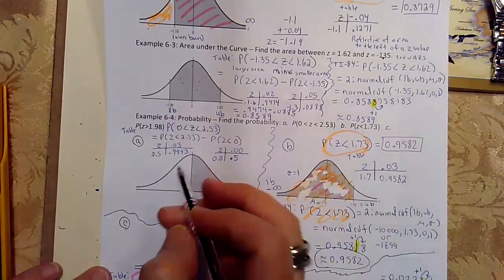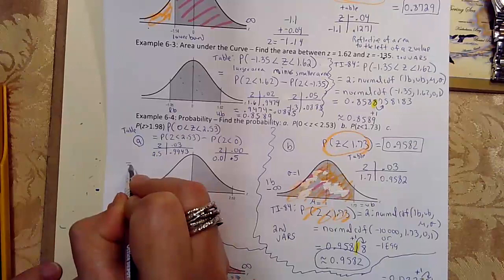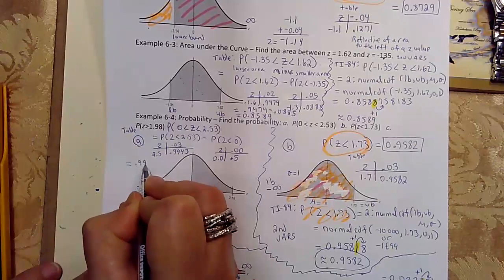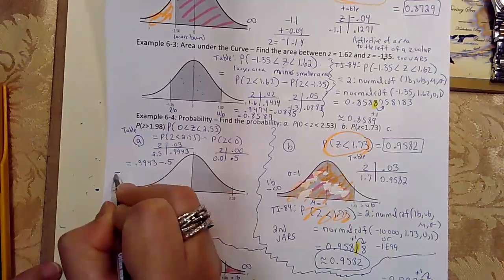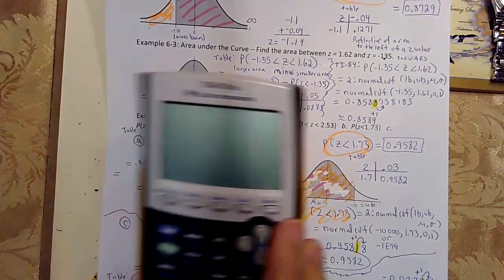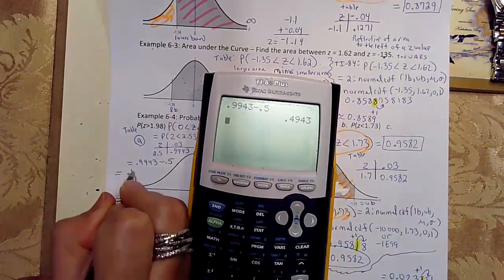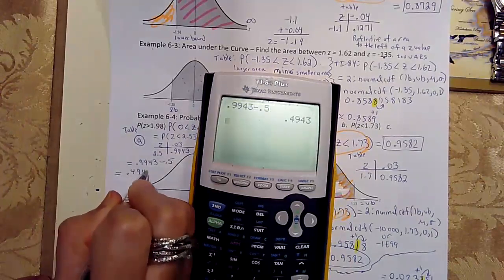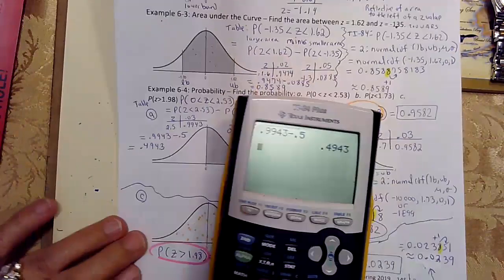So then what we have here is 0.9943 minus 0.5, which is 0.4943.